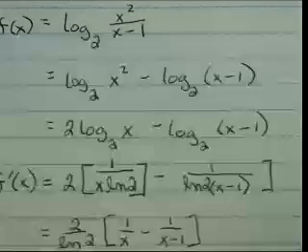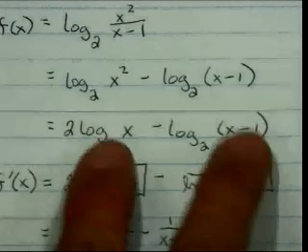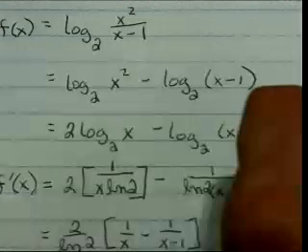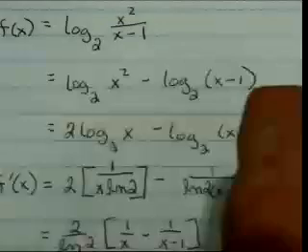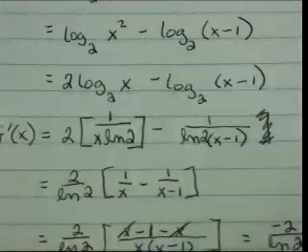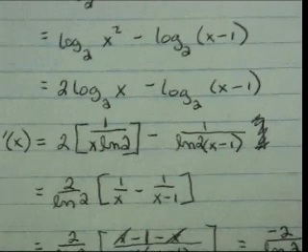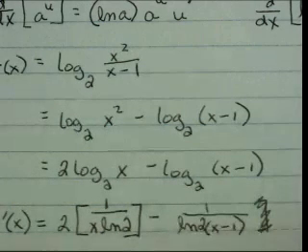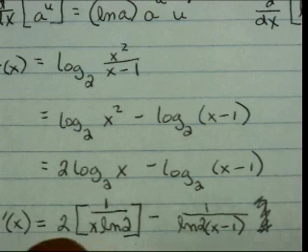It wasn't 2 times this whole thing. It was just 2 times log base 2 of x. So my open bracket was fine. My closed bracket was in the wrong place. And that significantly changes the answer. Probably change, let's see. Let me recopy it right here.